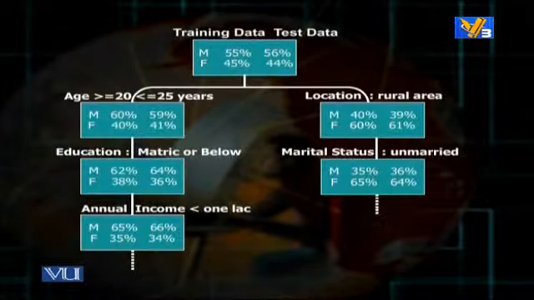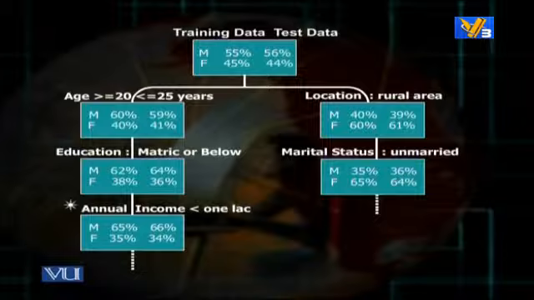Next, after education, the data mining tool may also find that annual income is yet another variable. If the annual income of the individual is less than 1 lakh, then the percentage of males in the relevant rows becomes 65%.